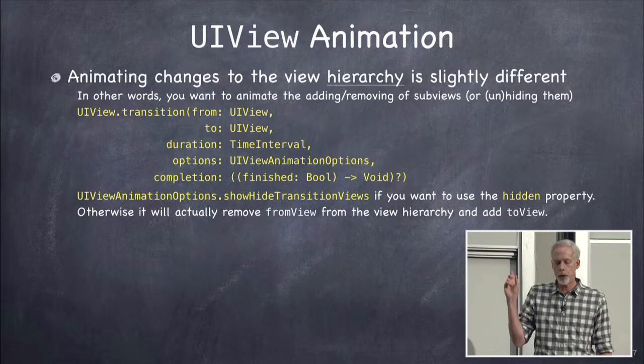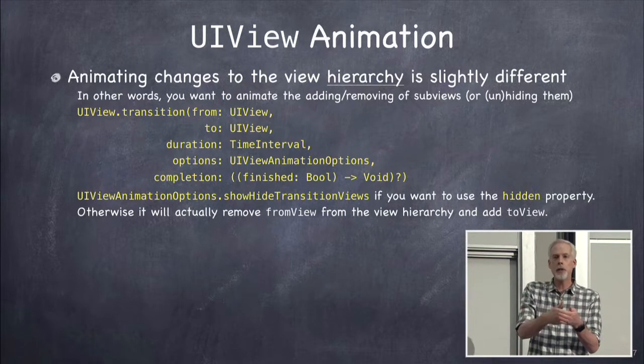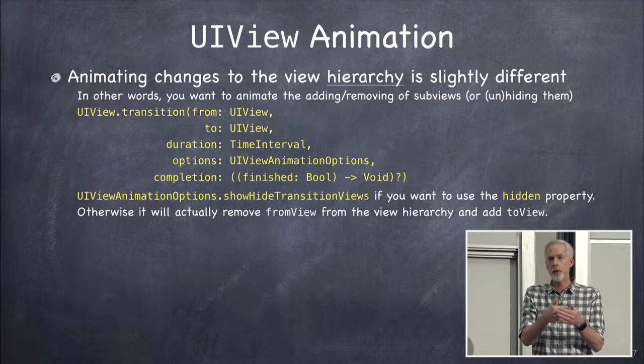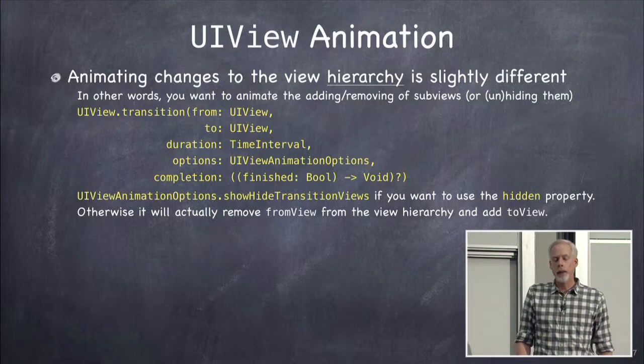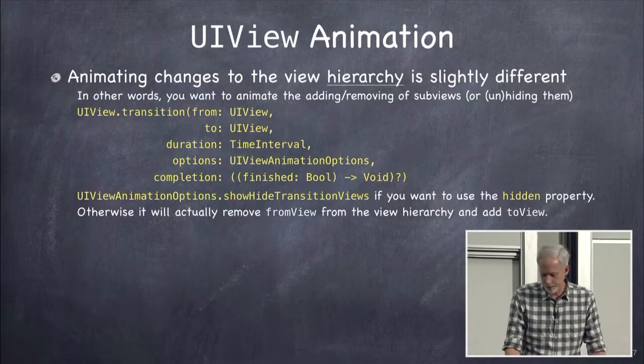So if in the options you put .showHideTransitionViews, then instead of removeFromSuperview and addSubview, it will just set the hidden. Remember, view has a hidden var that'll hide it. And it'll set one to hidden and one to not hidden. I don't know, maybe that property is called isHidden these days. Yeah, anyway.